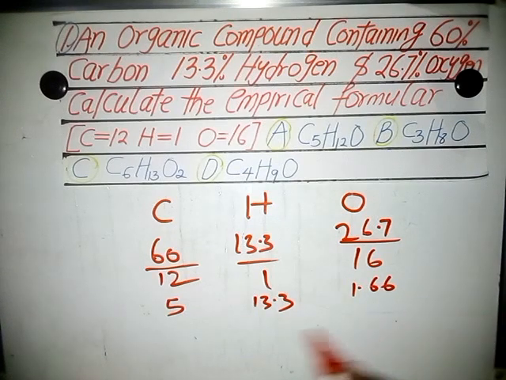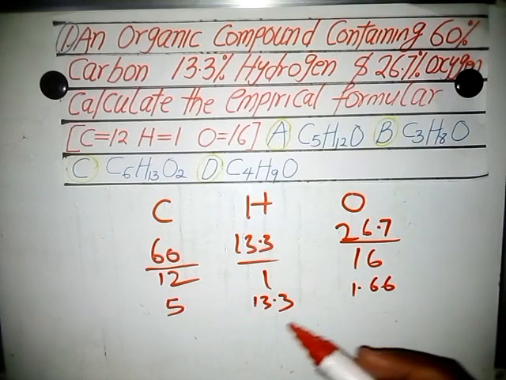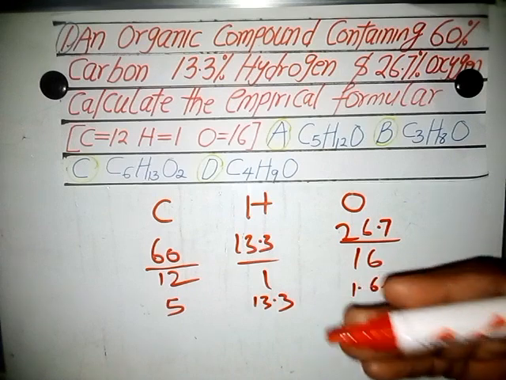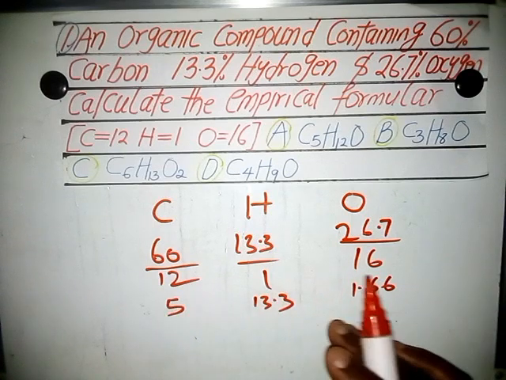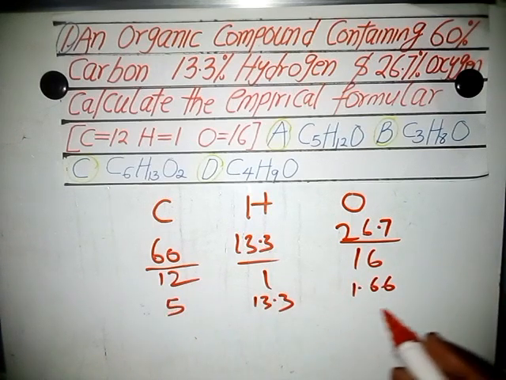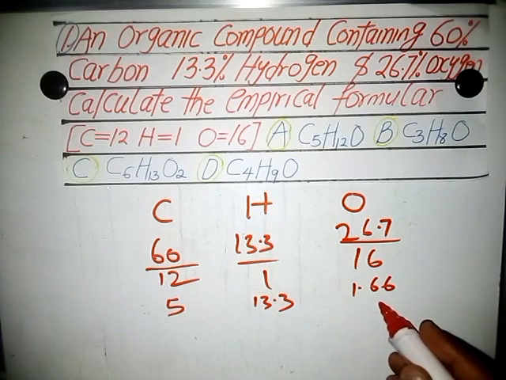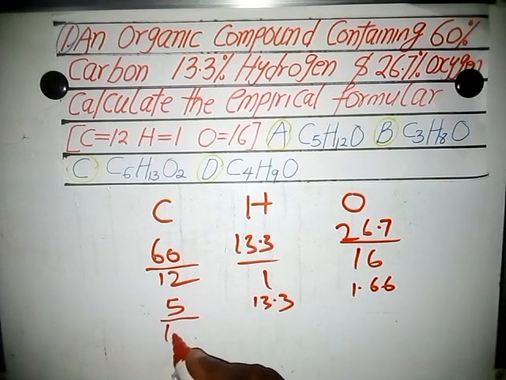1.66. From this stage now, we have to divide by the smallest because the ratio should be in whole numbers. So the smallest here is 1.66, so I'll divide everything by 1.66.